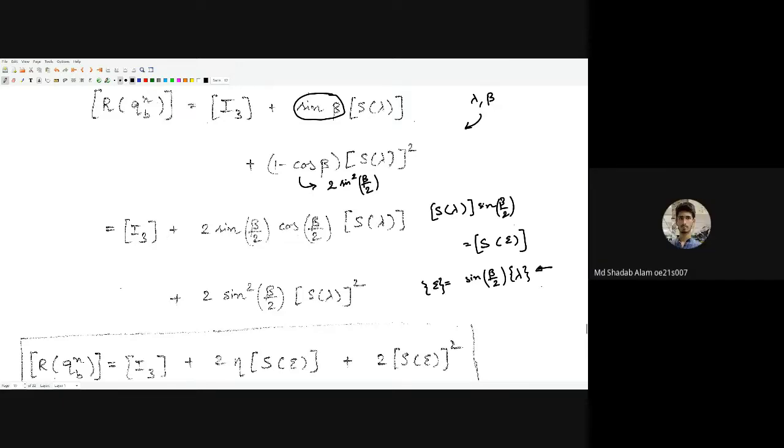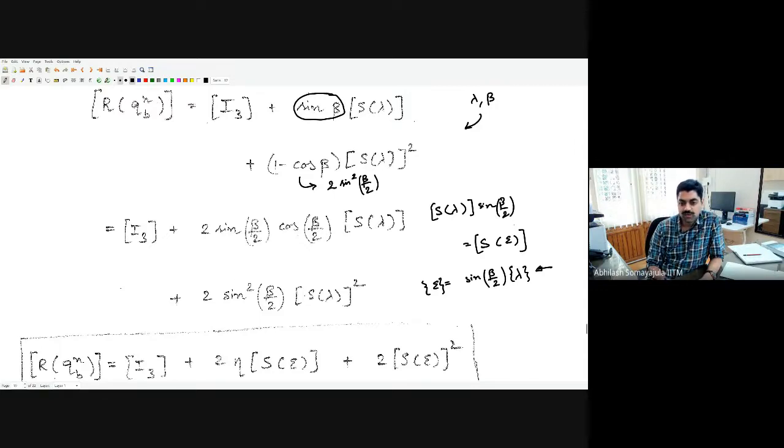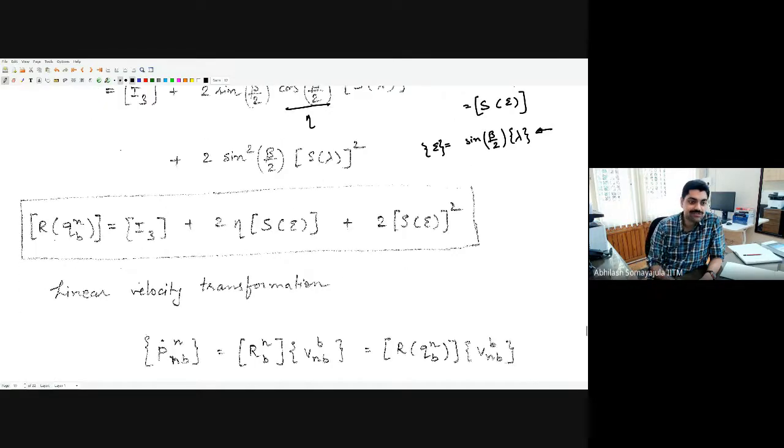Yes, sir. All right. Similarly, when I have sine square beta by 2 times S of lambda squared, I can actually convert that into S of epsilon squared. Now, what is left here as cosine of beta by 2, we know that that is nothing but eta. So, if I want to express this rotation matrix in terms of the quaternion, it simply is the identity matrix plus 2 times eta times the skew symmetric matrix with respect to epsilon plus 2 times the skew symmetric matrix due to epsilon squared. Is this making sense for everybody?